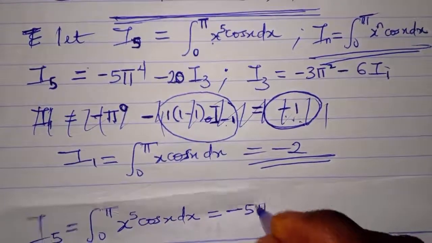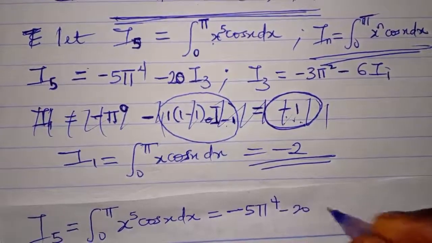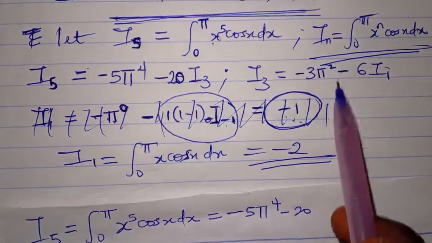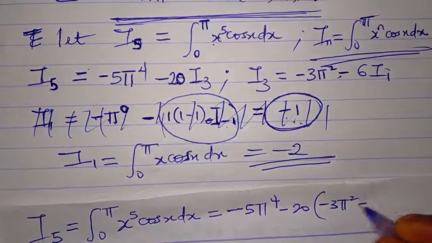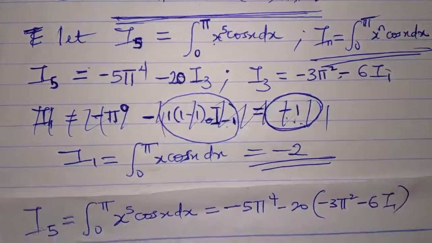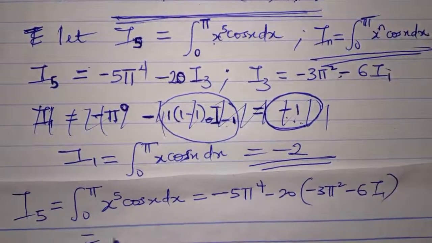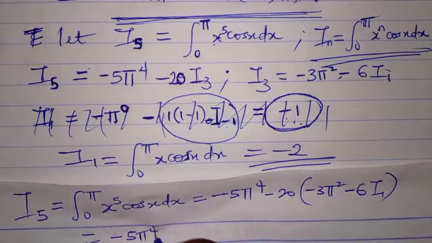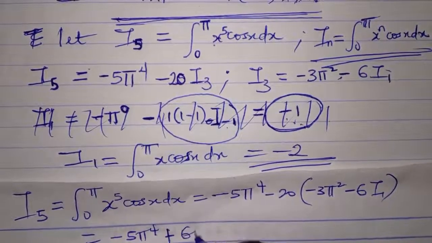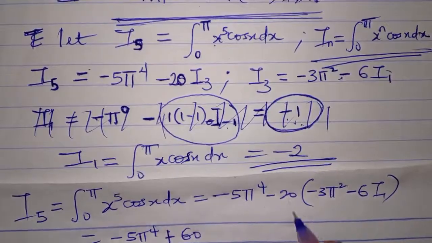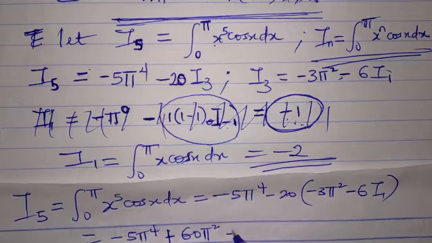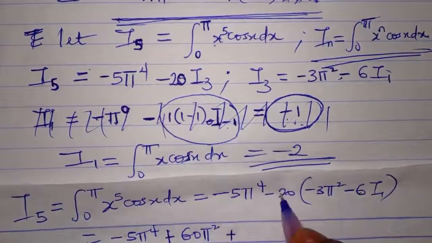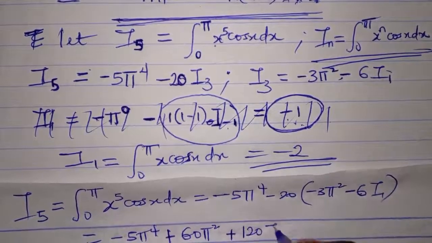Minus 5 pi to the 4th minus 20 I3. What's I3? This is I3. And that is minus 5 pi to the 4th plus 60, right? This is 60 pi squared, then plus, this will give me 120 I1.